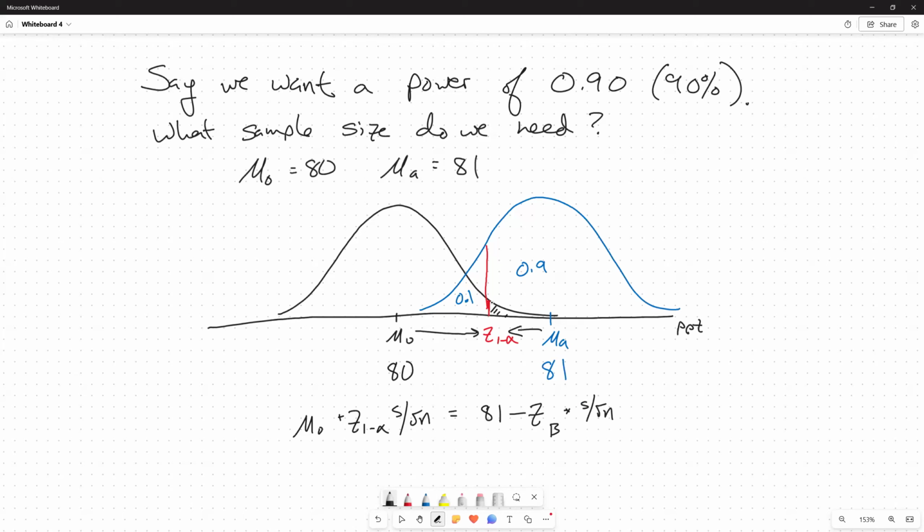And then on this side, it says, okay, we're going to adjust our distribution based on n, we're solving for n, such that this will be achieved. And this z beta sets this value over here. So z beta, based on the alternative distribution, sets that value to 0.1. So we already looked this one up. This is 1.645.